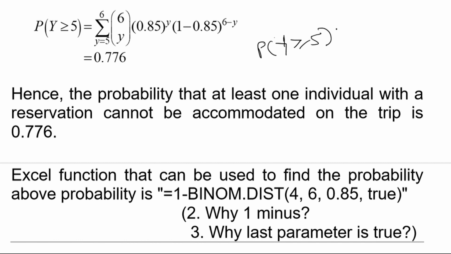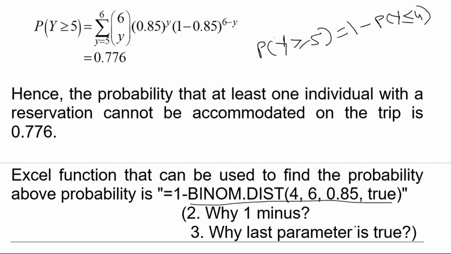Using the complement rule of probability, it is equal to 1 minus the probability that Y is less than or equal to 4. Right? So the probability that Y is less than or equal to 4 is given by this function, and 1 minus means it will provide us the probability that Y is greater than or equal to 5.